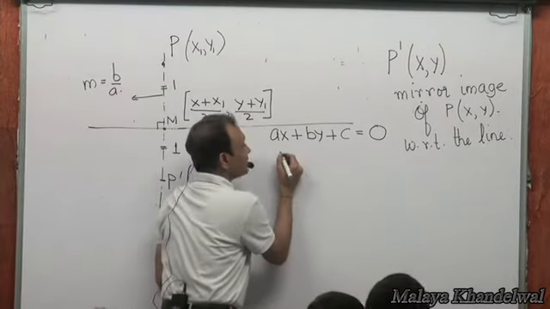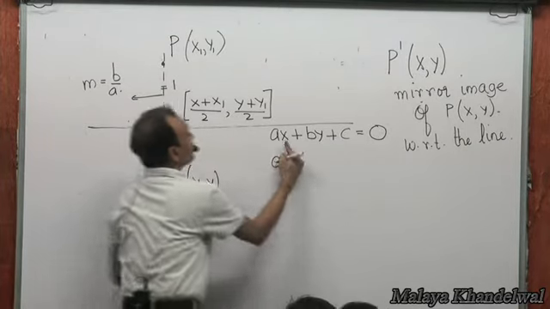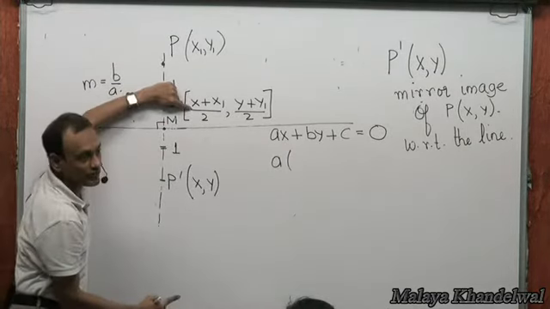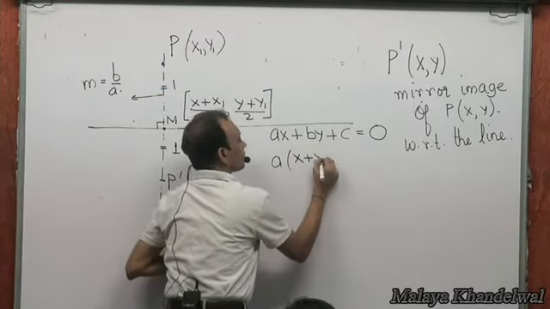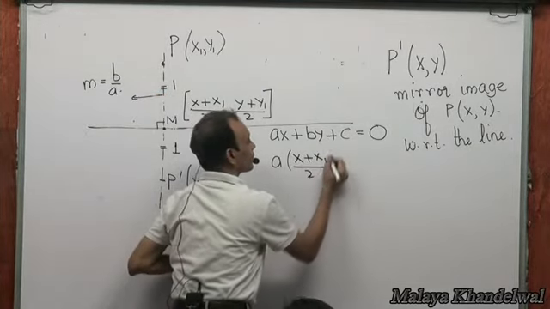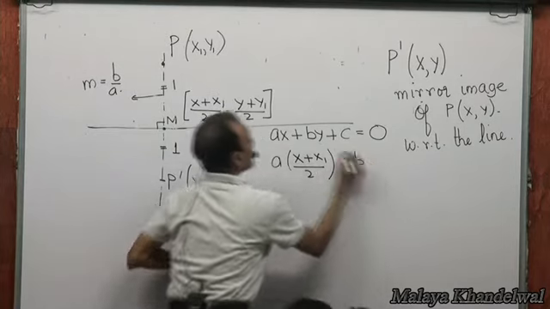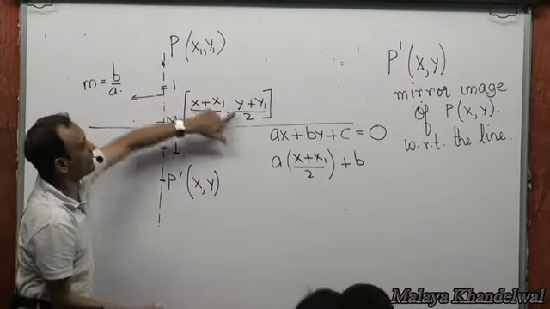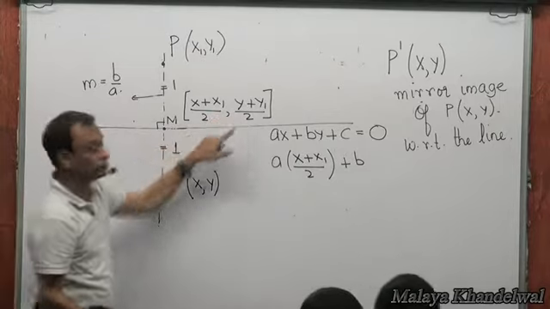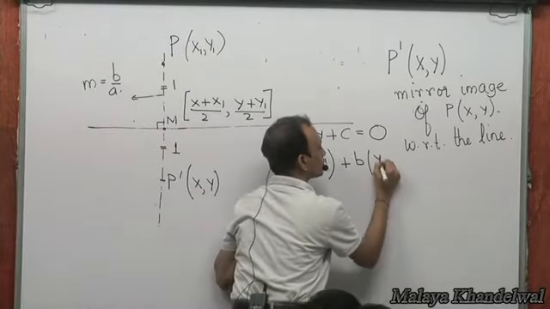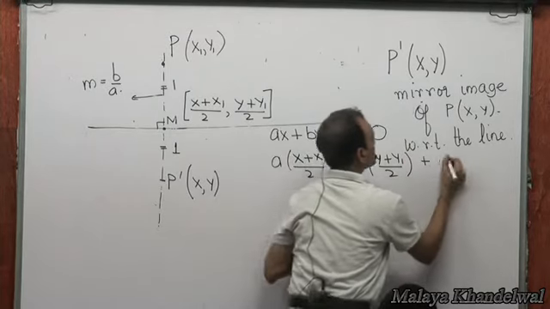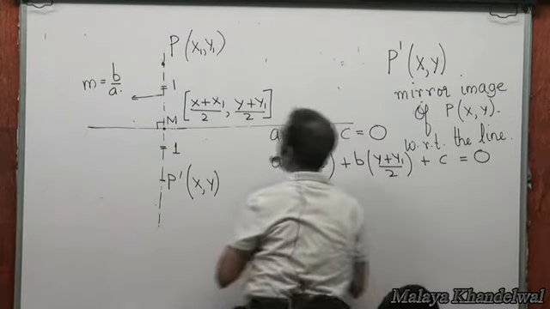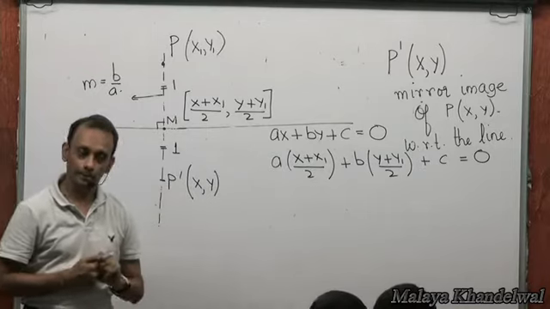So since M lies on this line, a into the x coordinate of M, which is (x plus x1) by 2, plus b into the y coordinate of M, which is (y plus y1) by 2, plus c must be 0. Right?